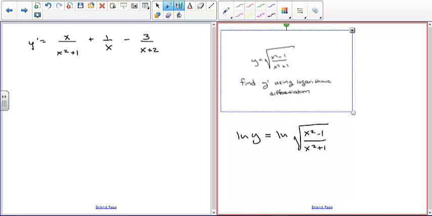Okay. Can you do that? What you have to do is take the 1/2 out at first, and then you'll have 1/2 times the natural log of that ratio, and then you'll break it up. So both of them will end up being multiplied by 1/2 because they're both part of that square root thing.